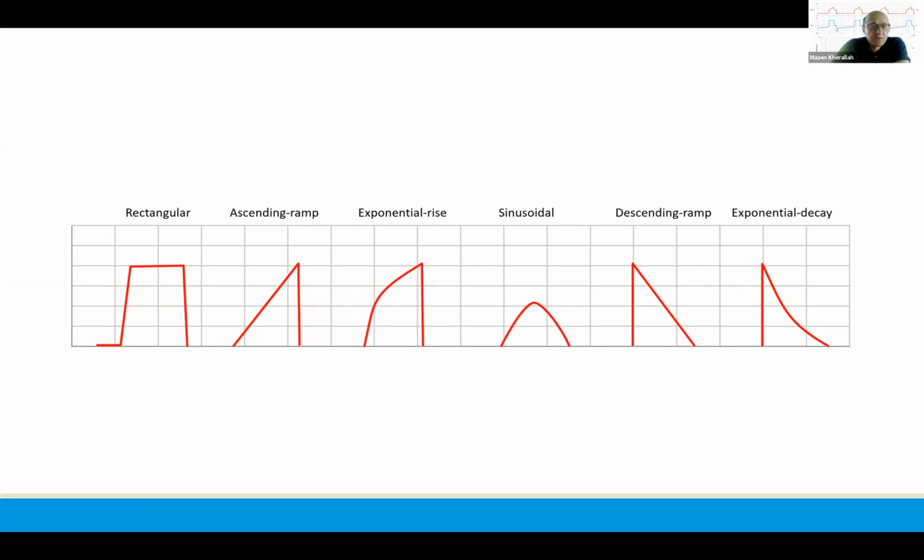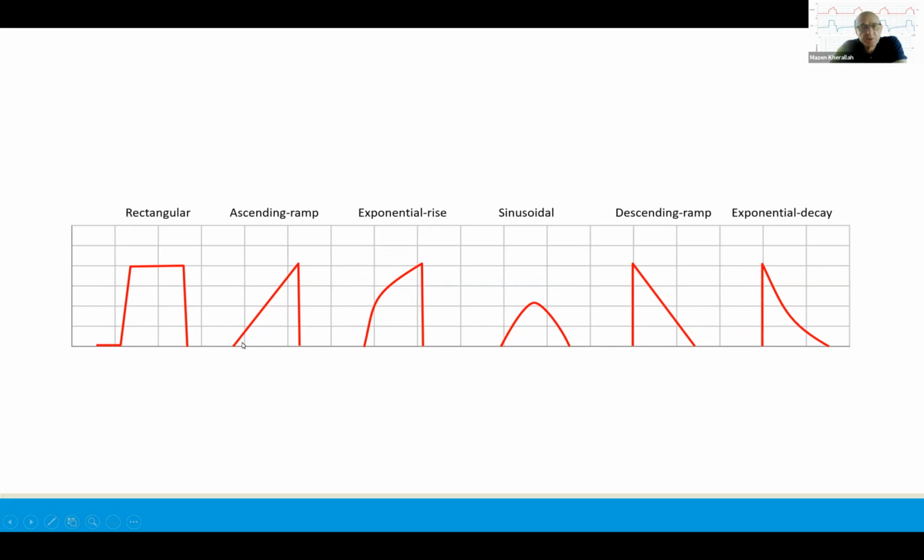You see on the left side the rectangular waveform, specifically for flow. It will go up all the way to the maximum inspiratory flow and then become constant before expiration.